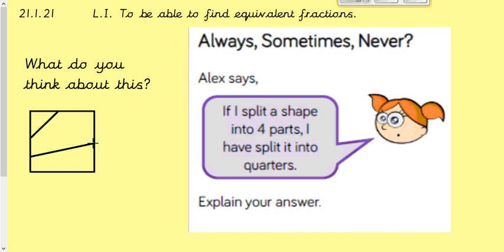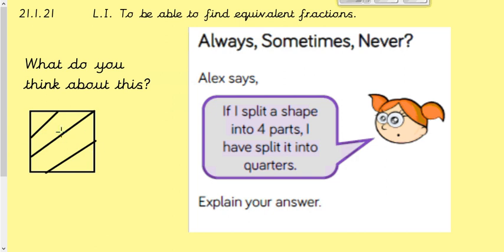There's another part. Actually, I'm just going to move that there. So we have 1, 2. I'll draw one more line. 3, 4. Okay, so I've split a square into 4 parts.